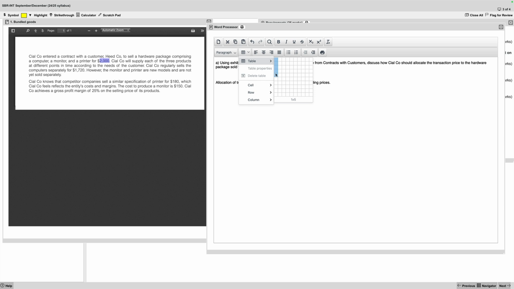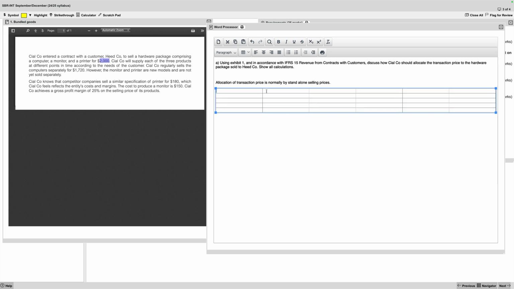I'm going to give myself about 5 columns. I'm going to say performance obligation, I'm going to be really posh. Then standalone selling price. Then transaction price. Then allocation. Didn't need the rest, but might need them later.